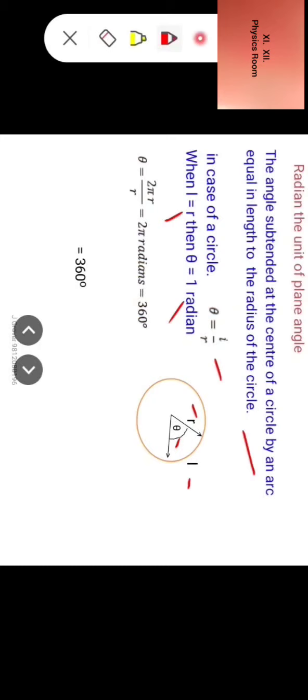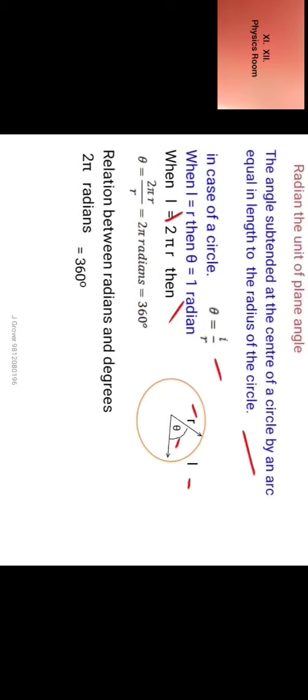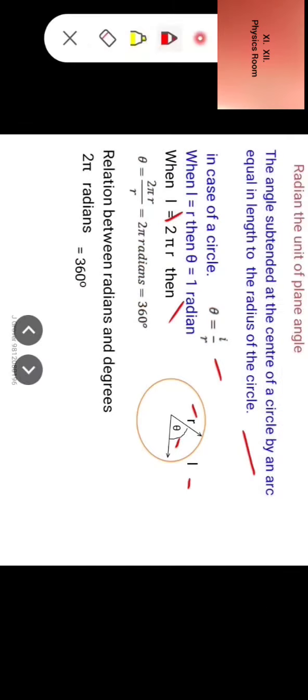Now we write here, when theta is 2 pi, it means when L is equal to 2 pi R. When L is equal to 2 pi R, then theta will be equal to 2 pi R divided by R, which is 2 pi radians and is equal to 360 degree.